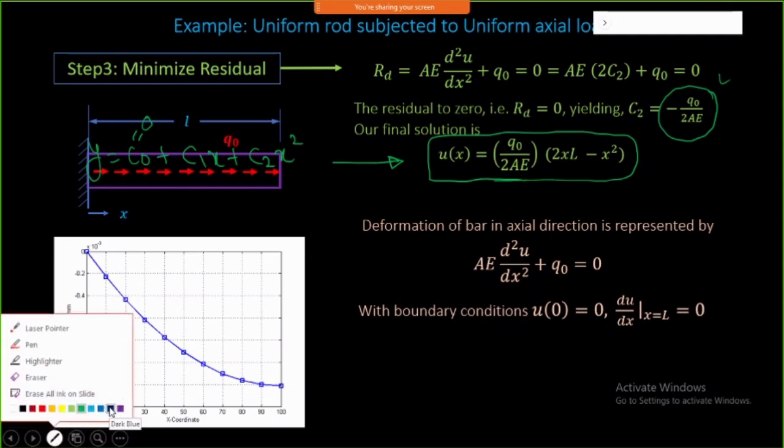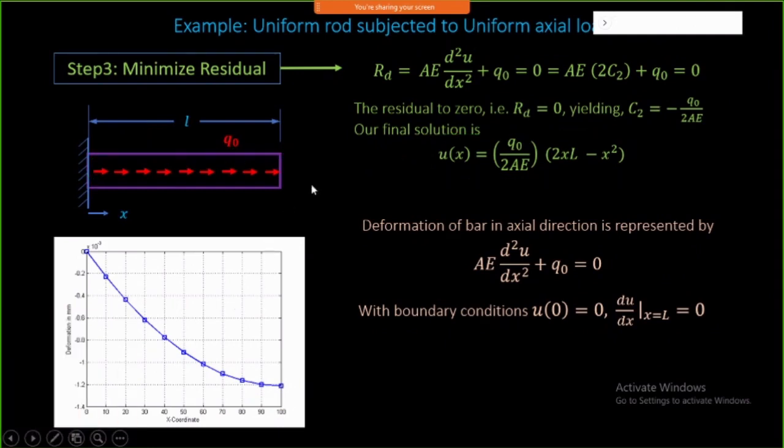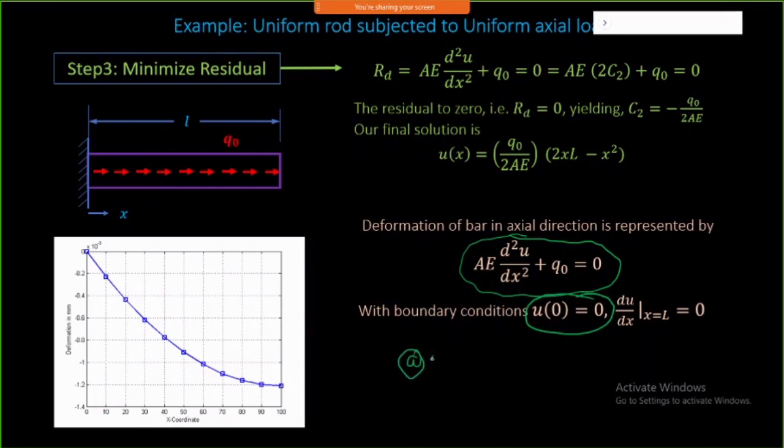So this is typically the solution, and you can observe one thing here. What is our differential equation? It is this, which tells you the variation. If you look into the boundary conditions, the first boundary condition tells that at x equal to 0, my displacement is 0.